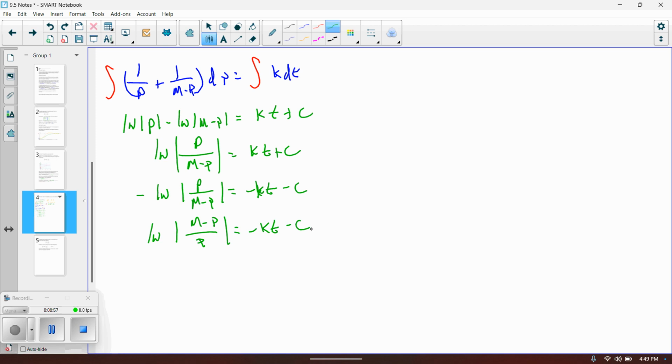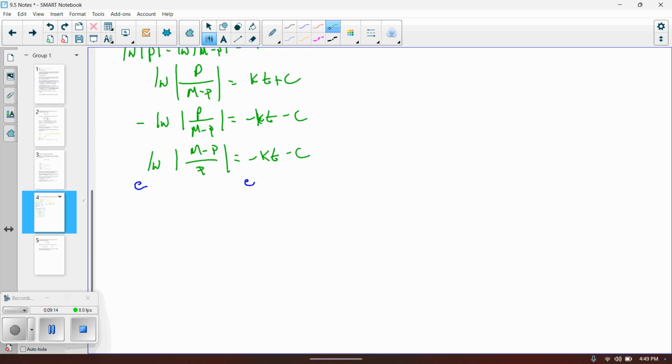Okay, now we've got to get this p stuff out of the natural log's argument. So we are going to exponentiate both sides of the equation. So let's go ahead and do that. Exponentiating the left will leave us with m minus p over p.